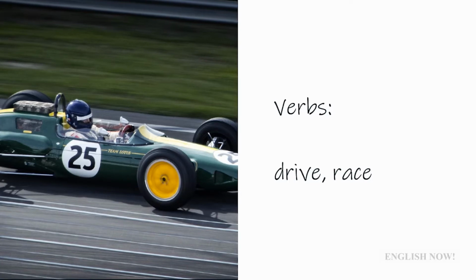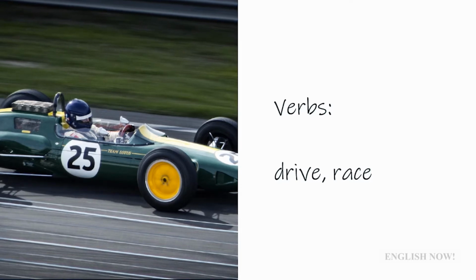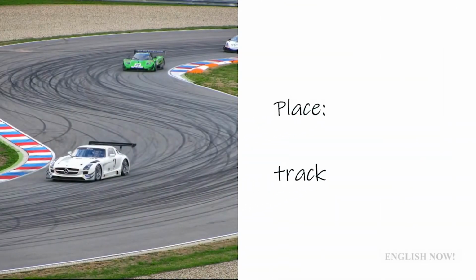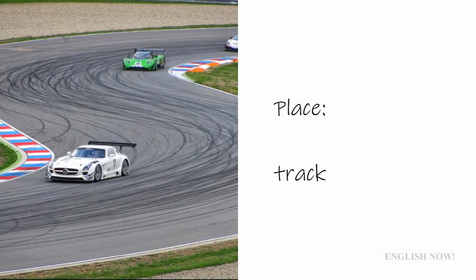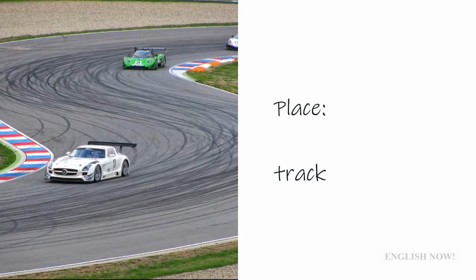Race is when you have lots of different racing drivers trying to win the competition or trying to win the race. So we can use that as a verb or a noun as well. And the place where the race takes place is called a track. A track.